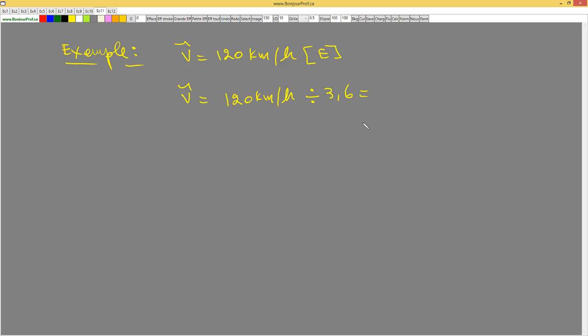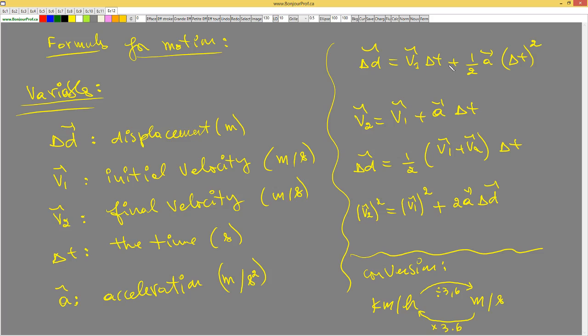Do you have your calculator with you? So you want to bring it to meters per second? Yes, because always you have to work with the units of the formulas that I gave you here, usually meters per second and seconds. If they are not, you change them.